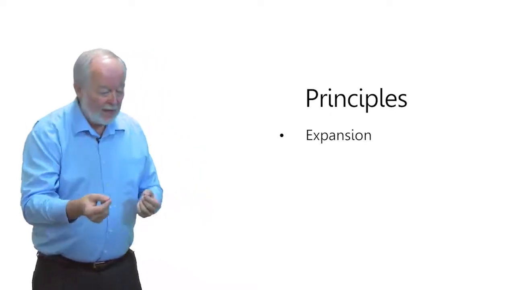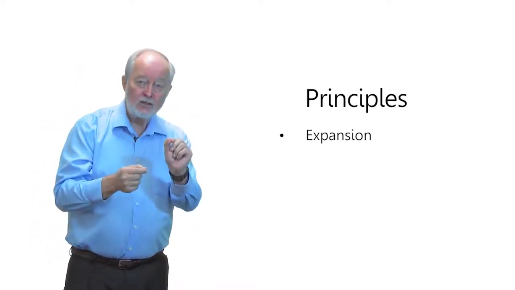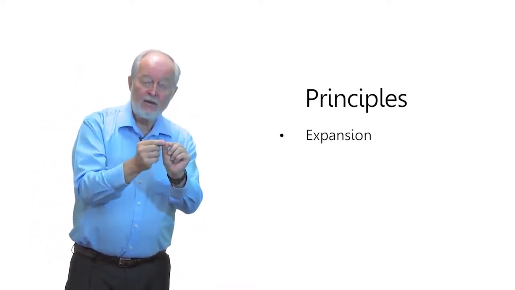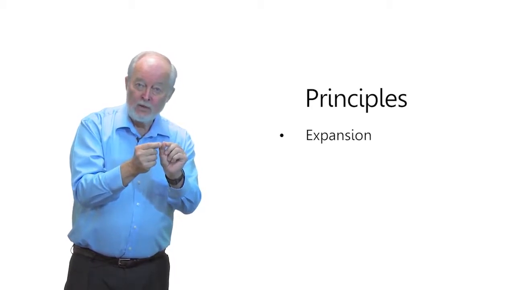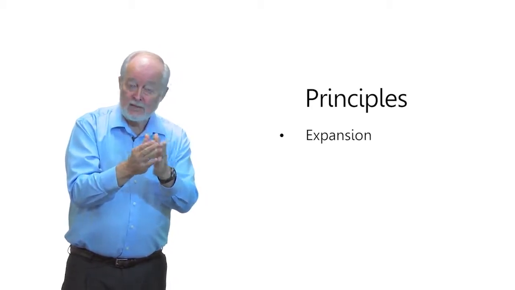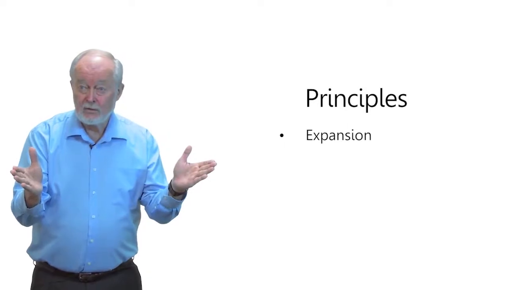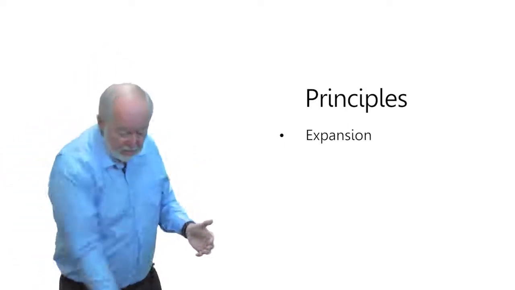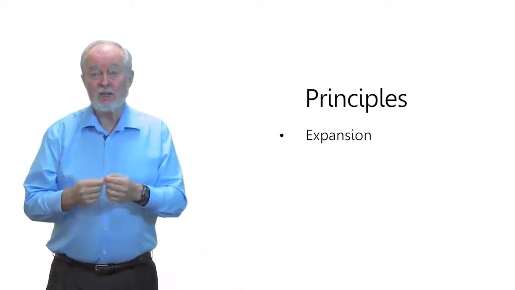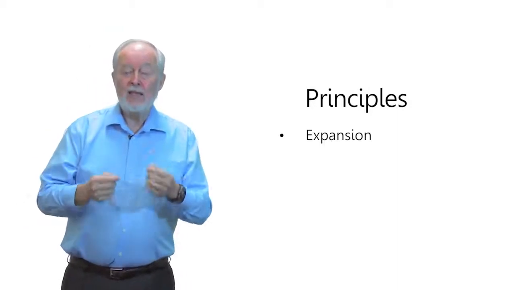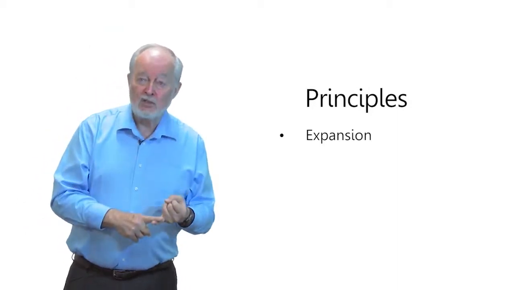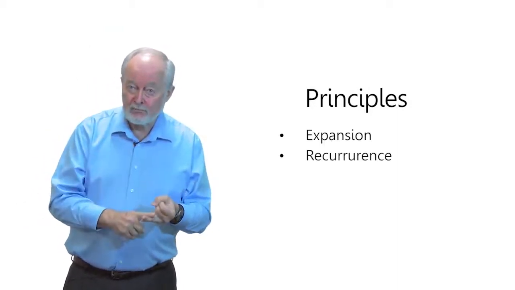So if I come back, I'm starting at an initial point, and if I come back very, very close to it, what do we know the expansion is going to do? It's going to make it do something very, very different. So this mix, like rolling a die or something like that, this mix that makes it look random, is a combination of expansion and recurrence.